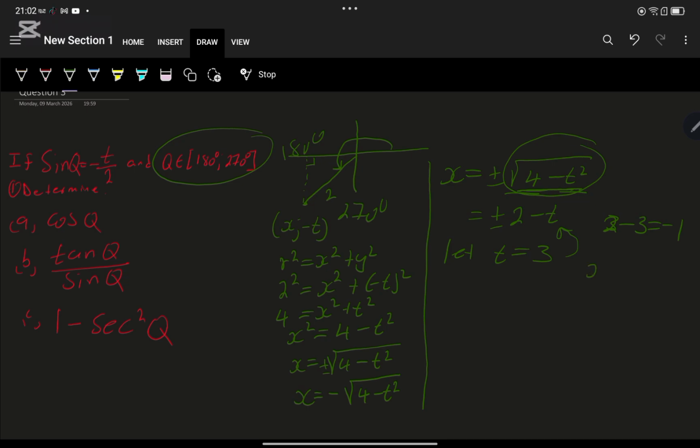So you're going to say x is equal to the square root of 4 minus 3 squared. Now 3 squared is 9. 4 minus 9 is -5. So we've got x is equal to the square root of -5, or x is equal to -1. So this is not true. So find a way to make them understand that they cannot find the square root of an expression like that.